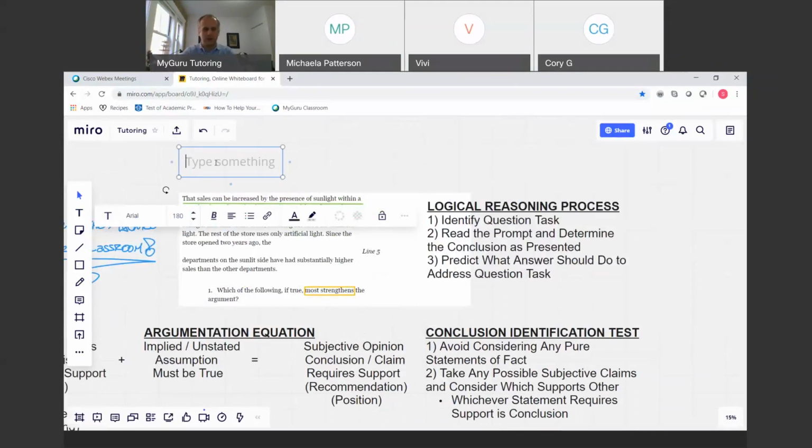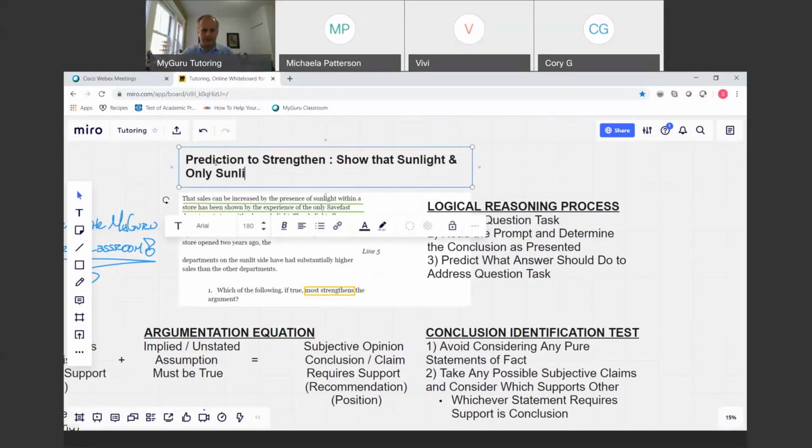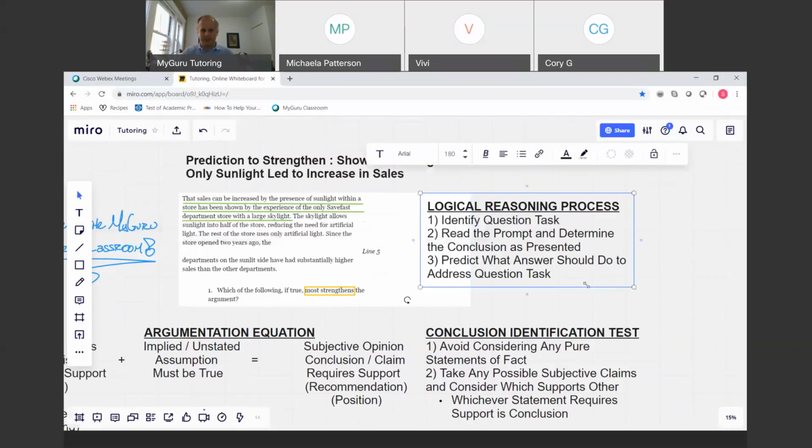So my prediction here, we want to just have it written out to strengthen, is going to be something to the effect of: show that the sunlight, and only the sunlight, led to an increase in sales. Because that's the key, making sure that the only thing possible for the increase in sales is the sunlight. And you don't want to say exactly what's going to show up as your proper answer. That's going to be the basics.